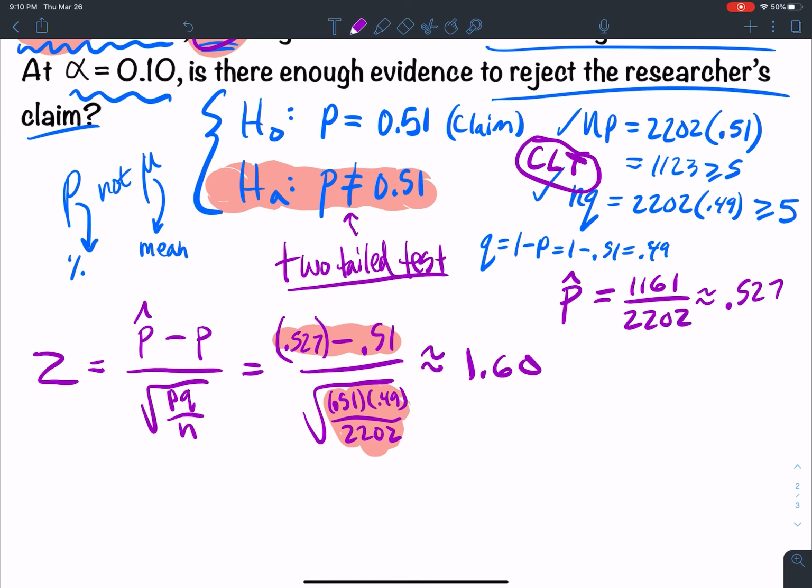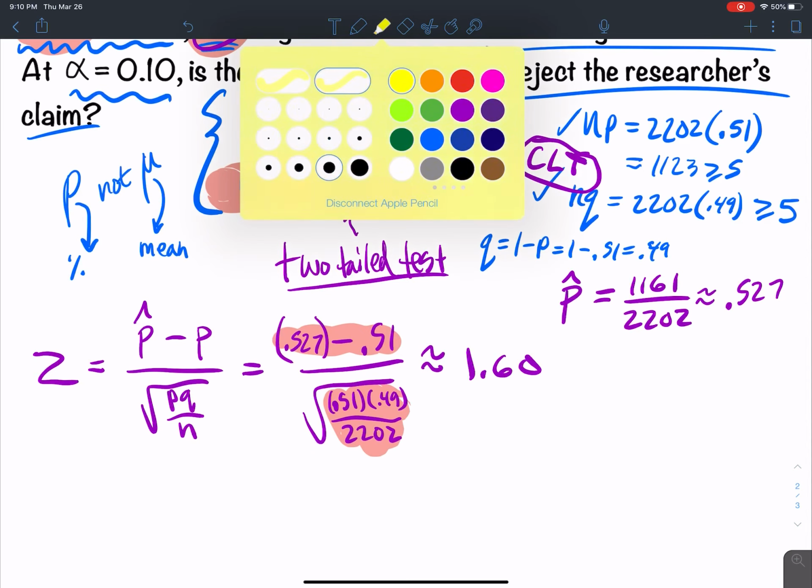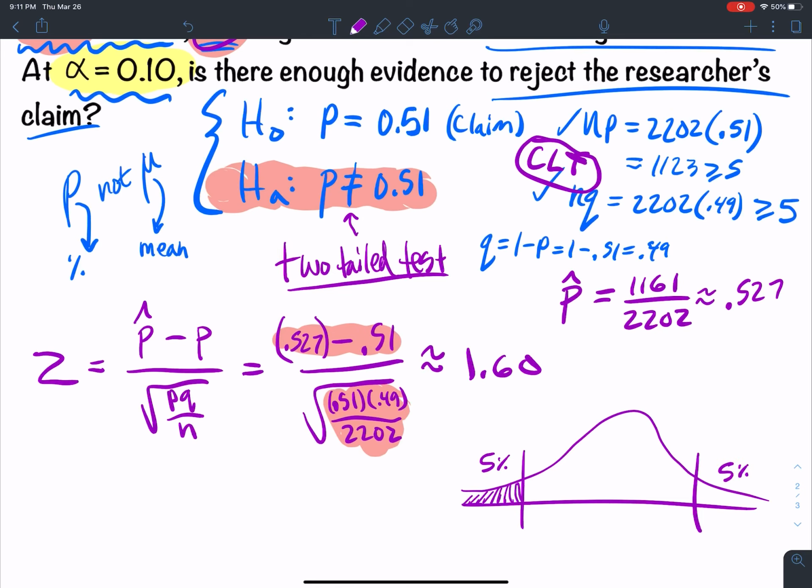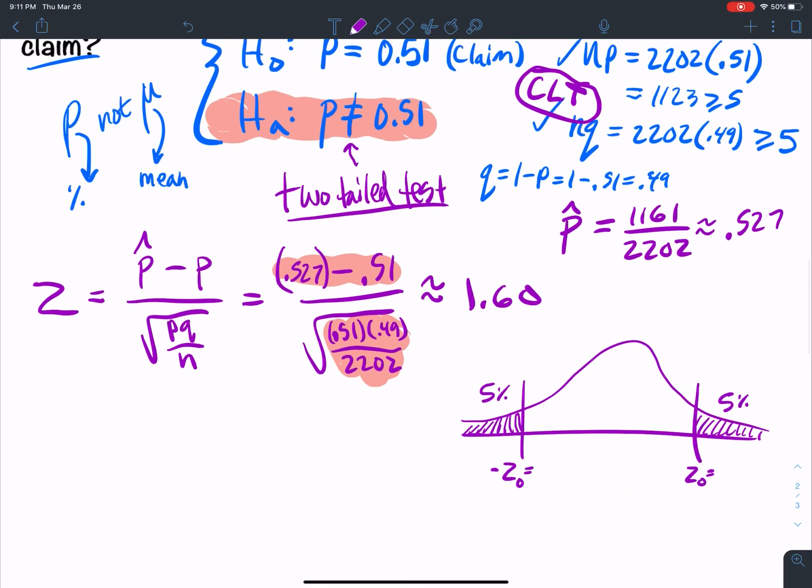Alpha for this particular problem was 0.10. If I have a 10% alpha and it's a two-tailed test, that means 5% over here and 5% over here. So I've got to figure out the critical value.